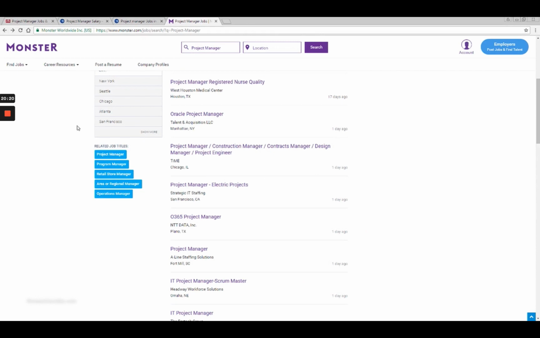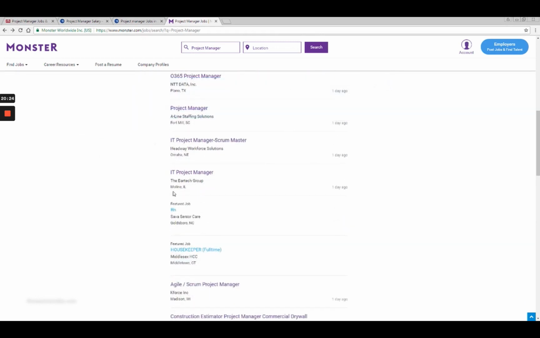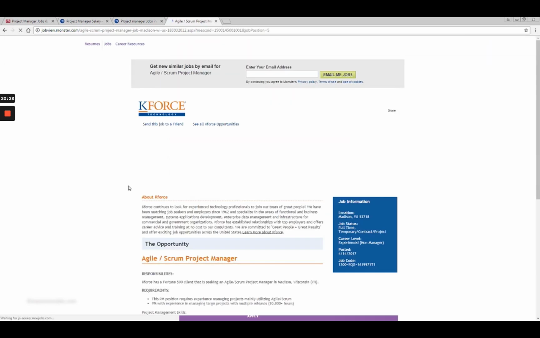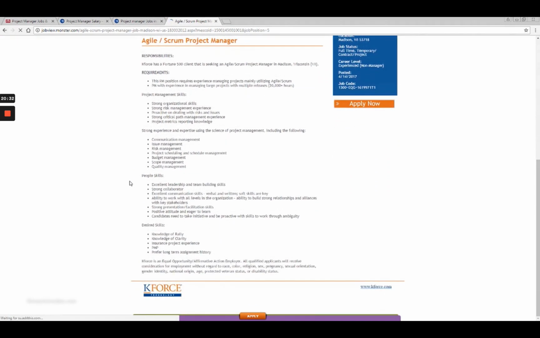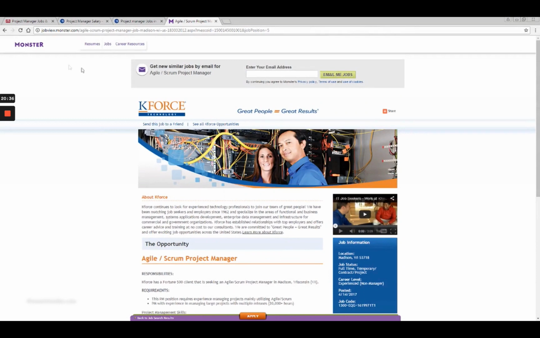I'm going to close this. Let's just look at this one, Agile Scrum Project Manager. This one isn't specifying the level of salary either. Yep, let's go back.